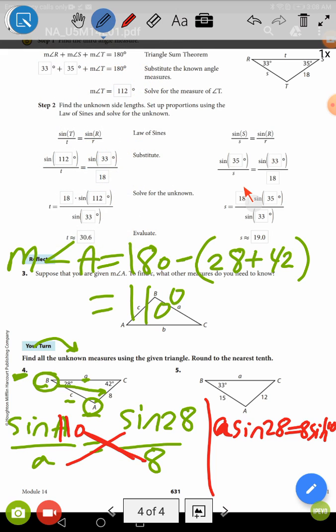Then divide by sine 28. So A equals about 60.15. That's the answer.